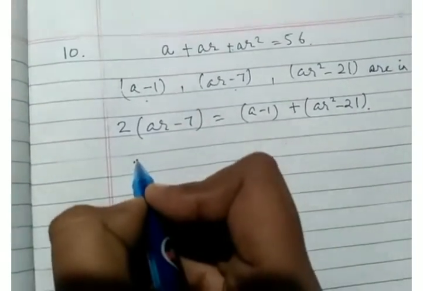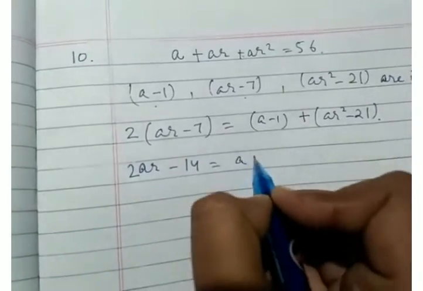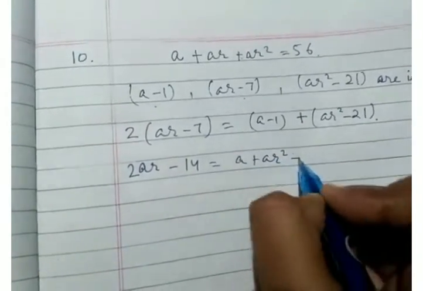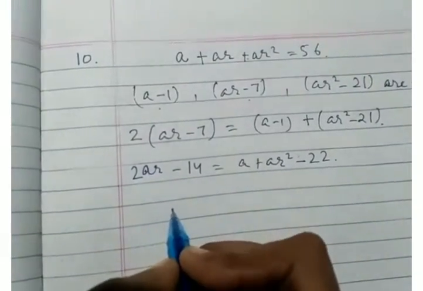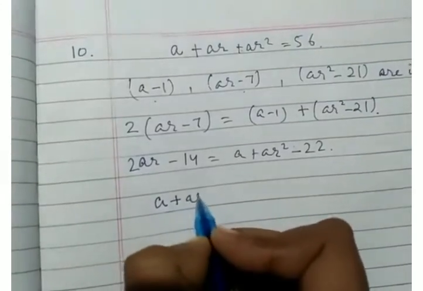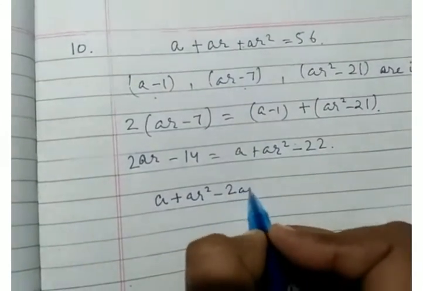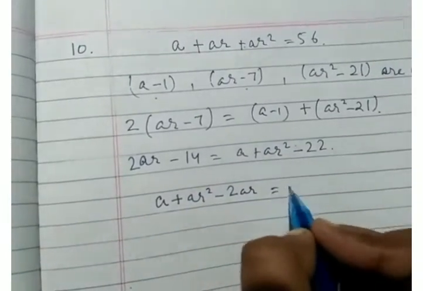We have 2ar minus 14 equals a plus ar square minus 22, which can be simplified and written as a plus ar square minus 2ar equals minus 14 plus 22, that is equal to 8.